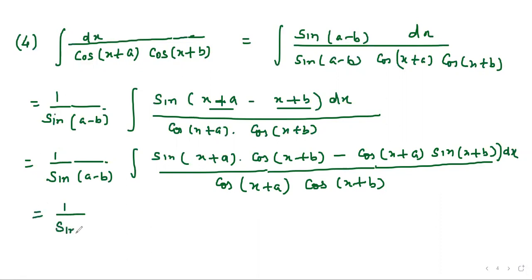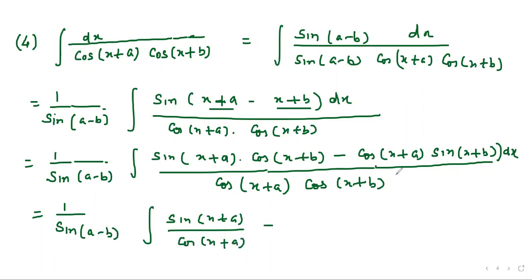We will get 1/sin(a−b) integration of sin(x+a)/cos(x+a) minus, here cos(x+a) gets cancelled, and we will get sin(x+b)/cos(x+b), whole dx.